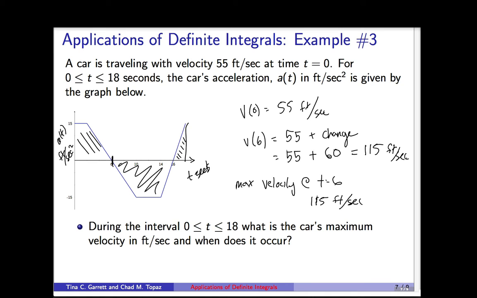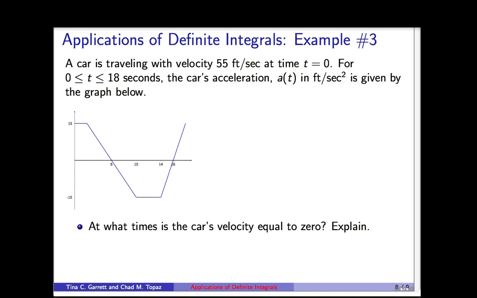Okay, one last bit. At what time is the car's velocity equal to 0? So this might be a slight trick question, but let's think about that. We know that our velocity at time 0 is 55 feet per second. That's given. We also computed the velocity at time 6 just on the previous slide, and that was essentially 55 plus the integral from 0 to 6 of the acceleration.